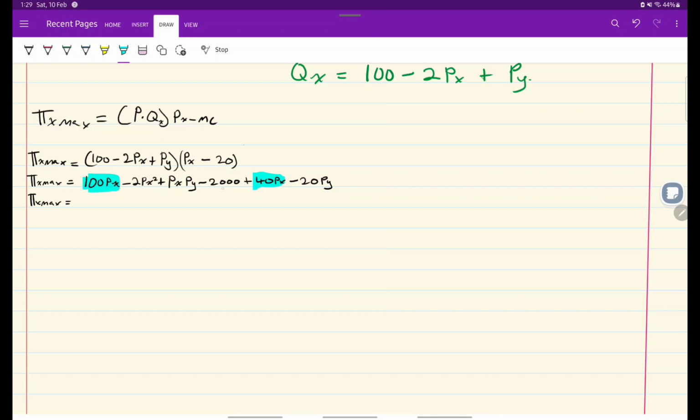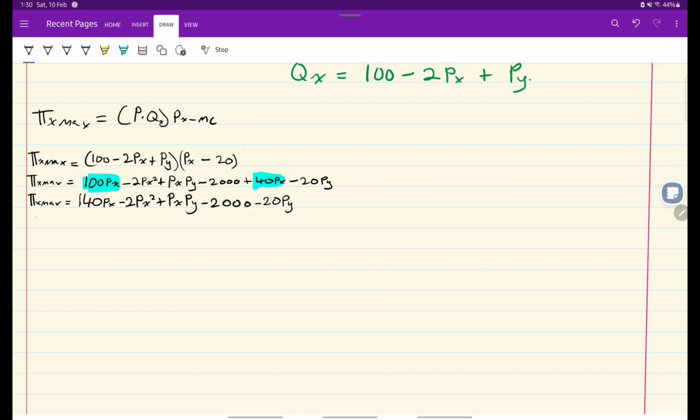Every other term, you have a constant, two variables, and a coefficient and a variable. And 100 plus 40 is 140 Px. Minus 20 Py.